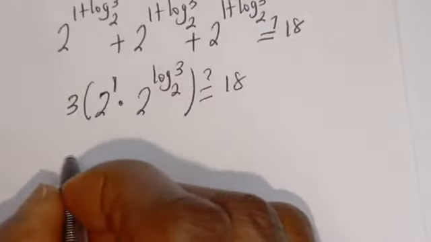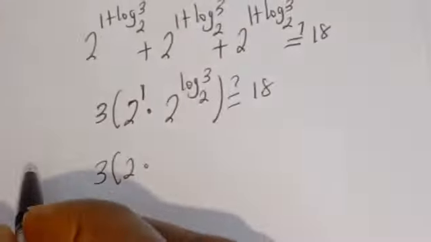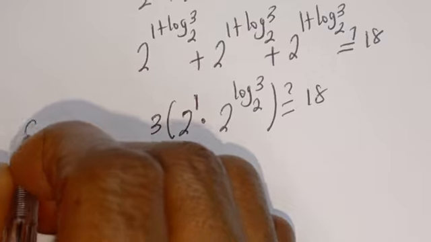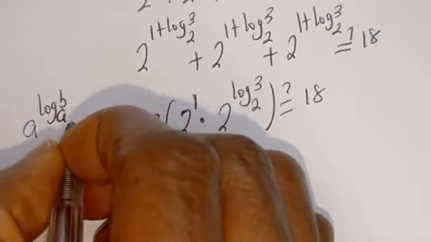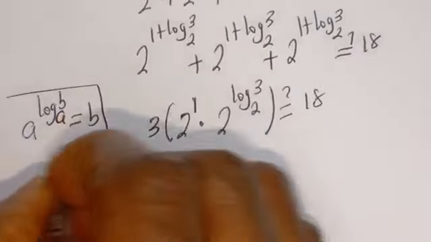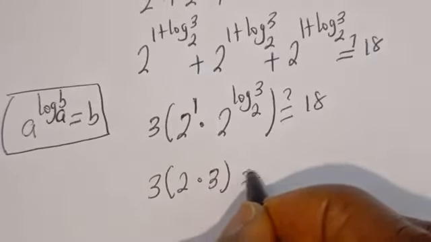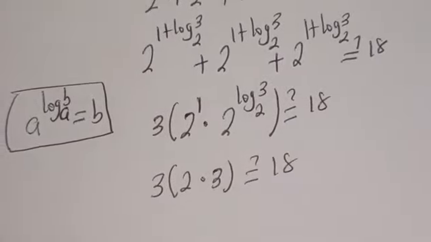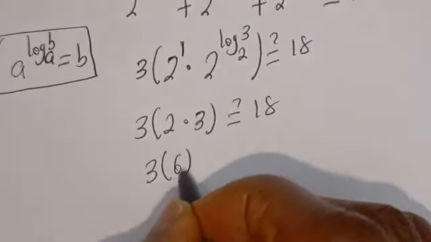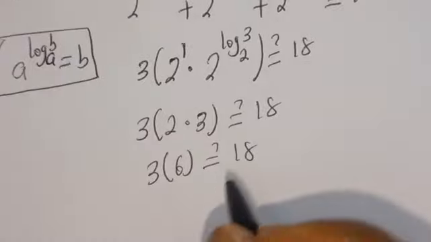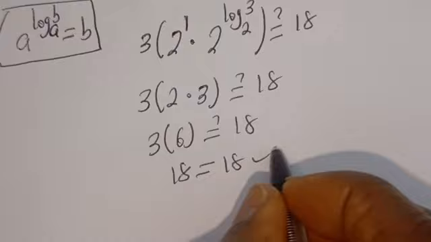Then here we have 3 bracket 2 multiplied by, if you have a to the power of log b base a, this is equal to b. Then the whole of this is 3 must be equal to 18. Now we have 3 bracket 2 multiplied by 3, this is 6, must be equal to 18. Then 3 multiplied by 6, this is 18, is equal to 18, which is true.